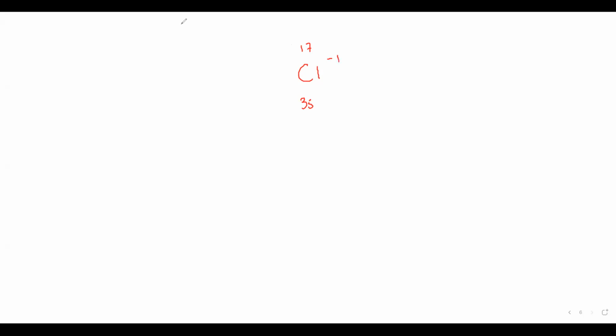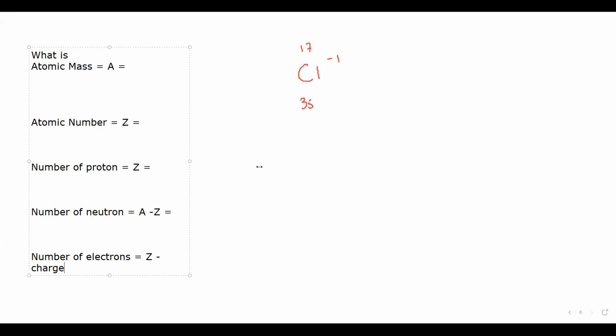And the question is, work out the atomic mass, atomic number, number of protons, number of neutrons, and number of electrons. You can use the screen annotation or you can use the chat to state the answer, but it's better you use screen annotation so I can see directly.